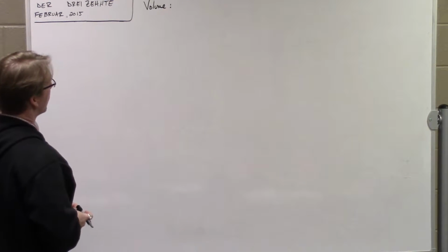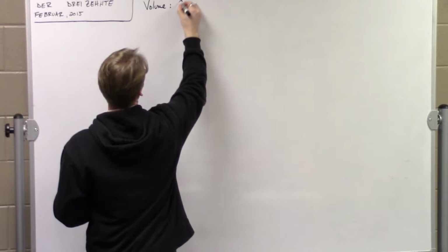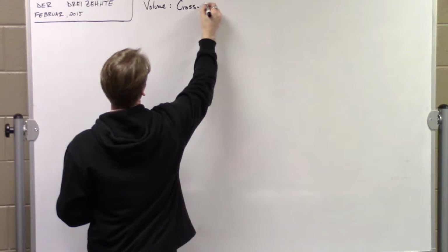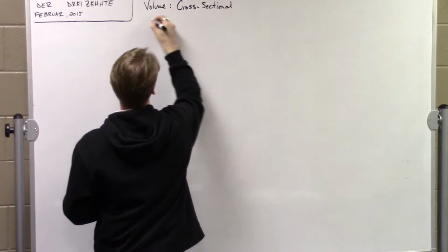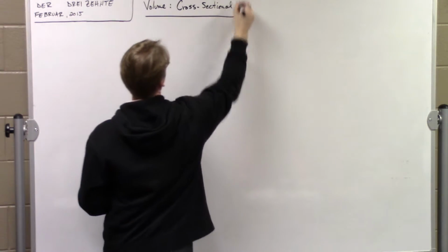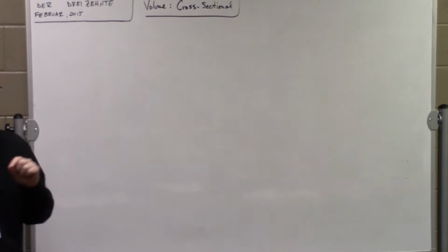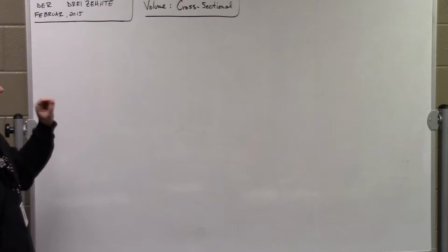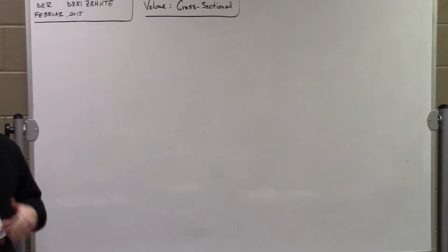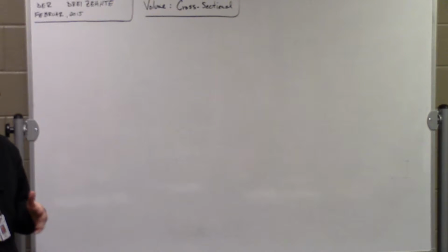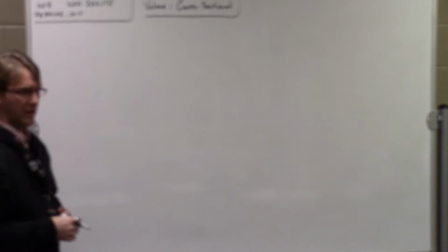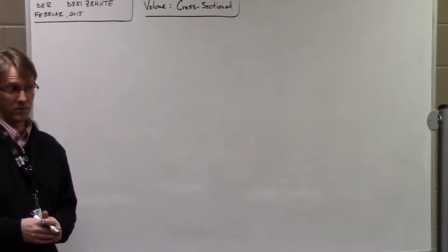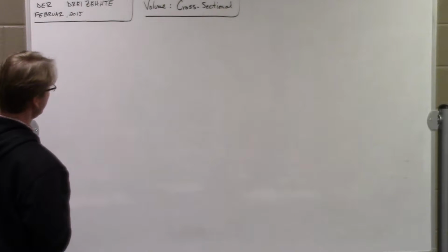What we're going to do today is cross-sectional volume. Technically, the rotational volume is a specialized version of cross-sectional. So we'll knock this one out of the way first, and I'm hoping it'll make the rotational volume make more sense. Now, it's going to be a crude sketch day, lots of crude sketching, so bear with me.